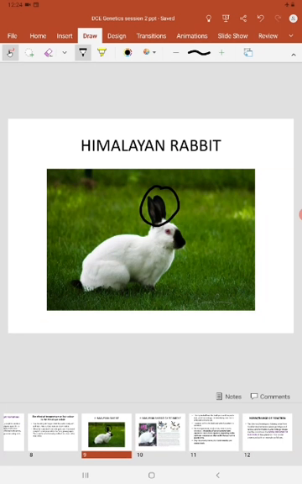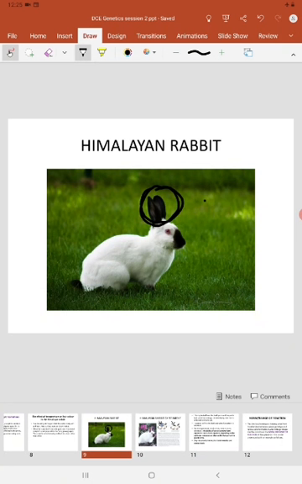So in the second experiment setup, we have removed the black fur from this part, and then the animal is kept in a room where the temperature is slightly higher, or else this area is covered by a cloth, so increasing the temperature.